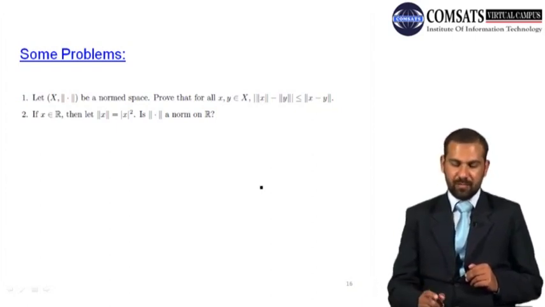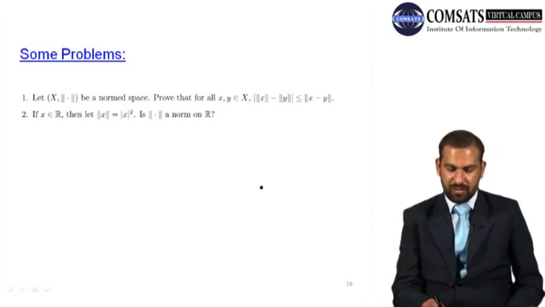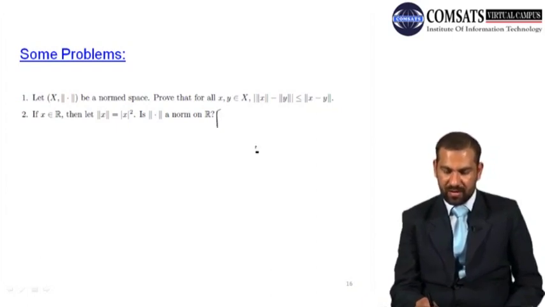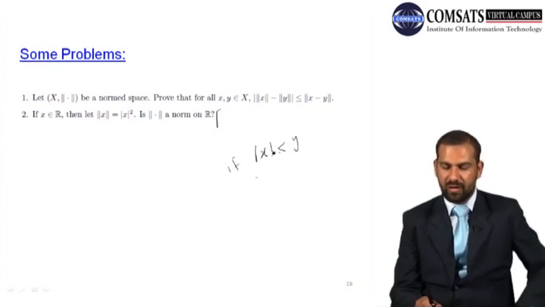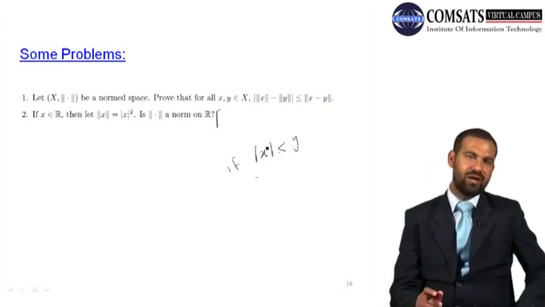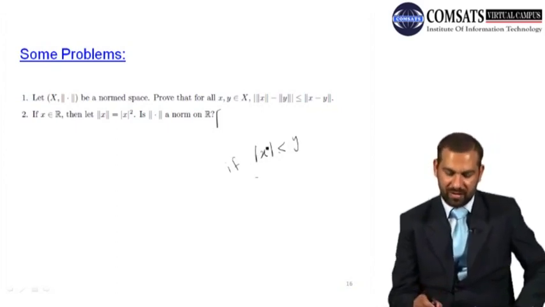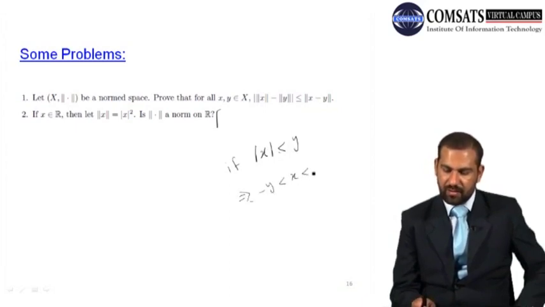Again, one thing must be in your hand: you should know one property of the absolute value. If the absolute value of x is less than or equal to y, this is an important characteristic of the modulus, where it is a number in R. The mod of x is some non-negative real number. If this happens, then we must have minus y is less than or equal to x, which is less than or equal to y.